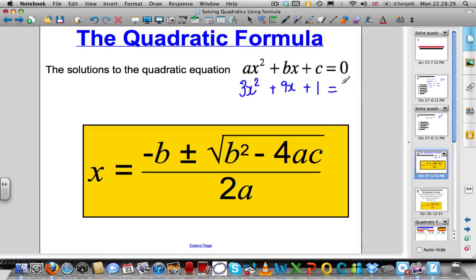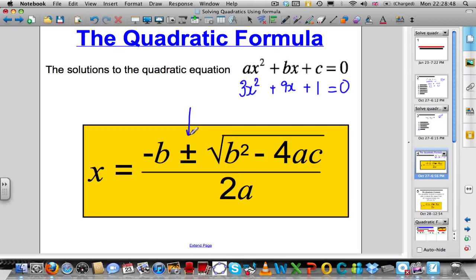If you've got a quadratic such as that, where in this case a is 3, b is 9 and c is 1, you can find your x by substituting your a, b and c into this quite nasty-looking formula, and you can find your two solutions.